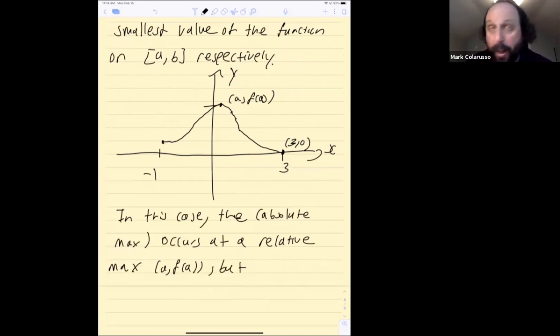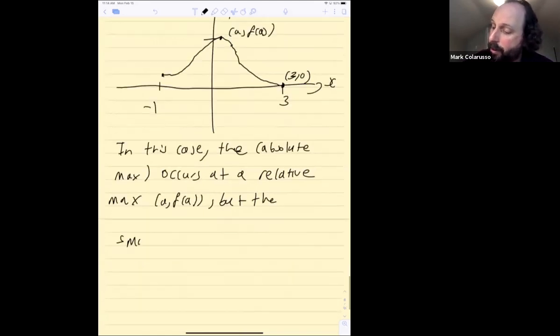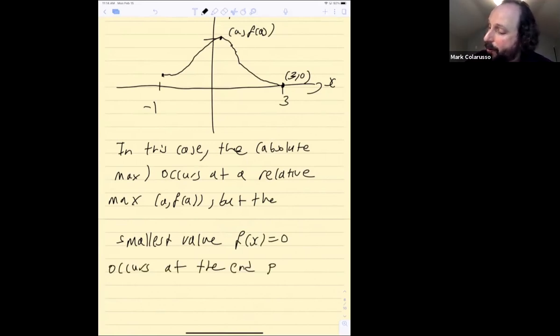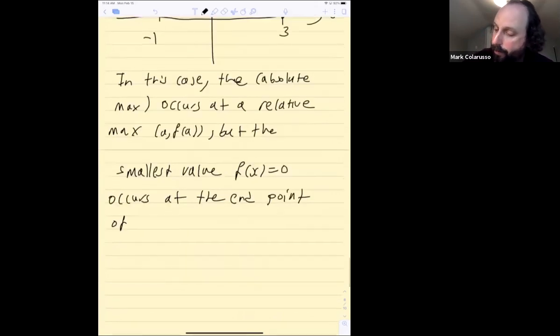But the smallest value, the minimum value, f equals 0, occurs at the endpoint 3, 0 of the interval -1, 3.